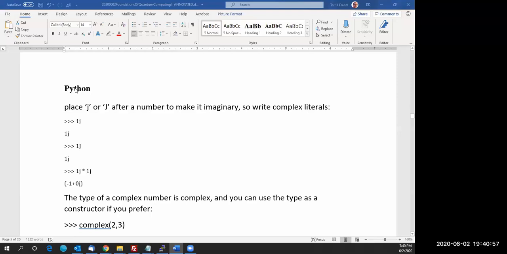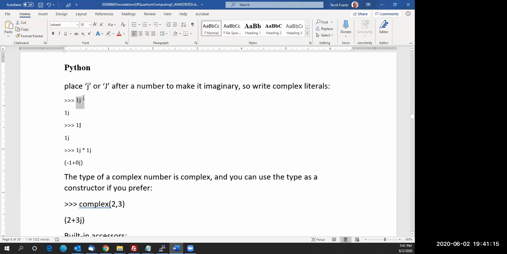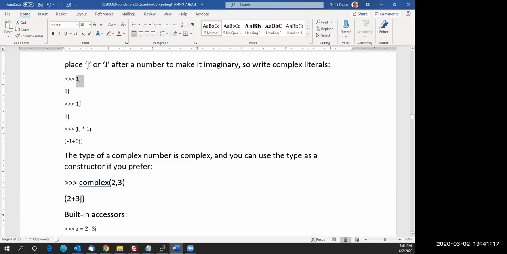So again, the letter J, capital or lowercase j, is used in Python instead of i. So here you represent 1j in Python, and you could use a capital letter or lowercase letter. Here you have 1j times 1j, which is essentially j squared, which comes out to -1, right?